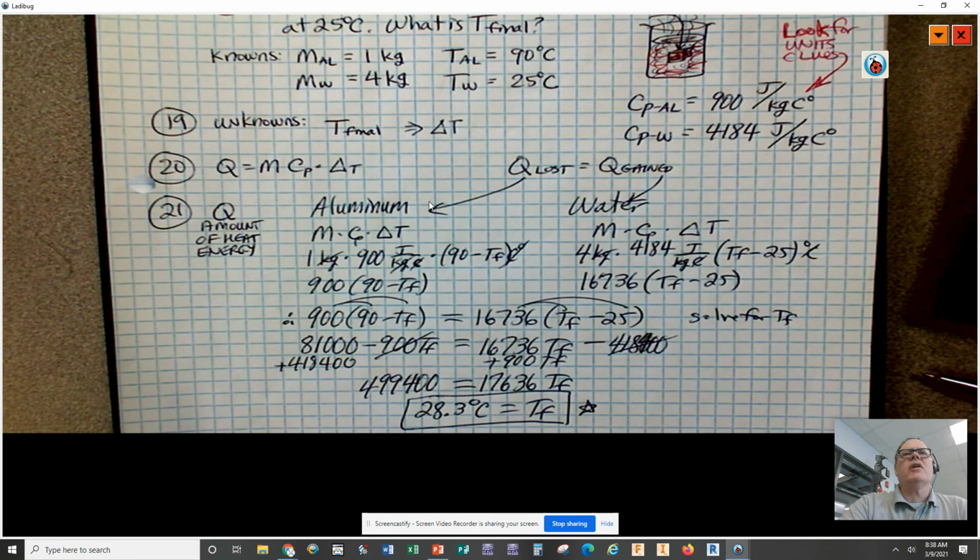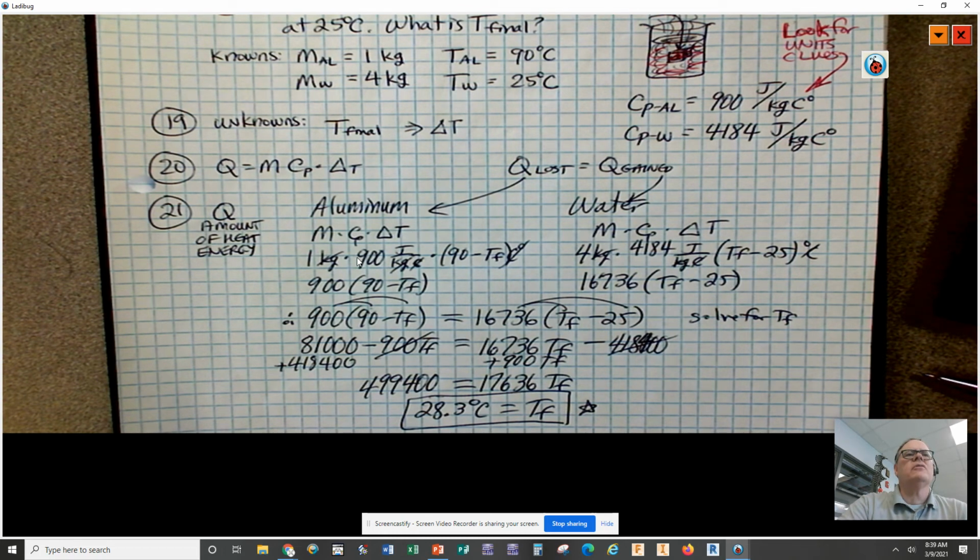So we could either find the amount of heat lost by the aluminum, or the amount of heat gained by the water. It turns out we know everything we need to know about the aluminum. So we're going to calculate the heat energy lost by the aluminum, and that would equal the heat energy gained by the water, right?